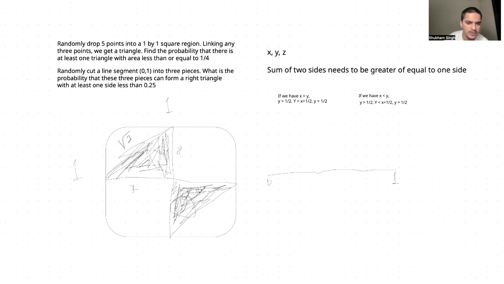Then this length would be half, and this would be half. Actually it won't be half, it will always be less than half, or it can be half, I'm not sure, because if it was half, then it would be touching the square.